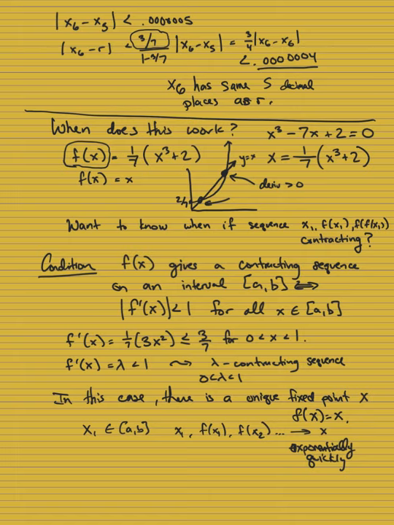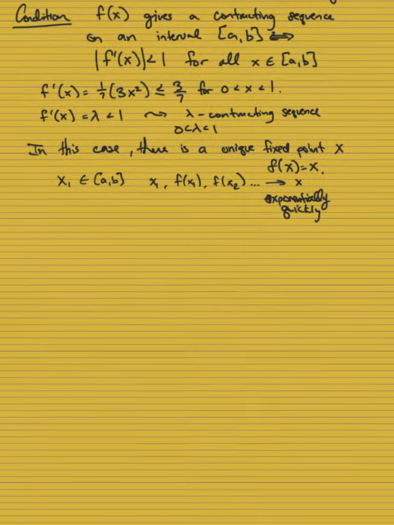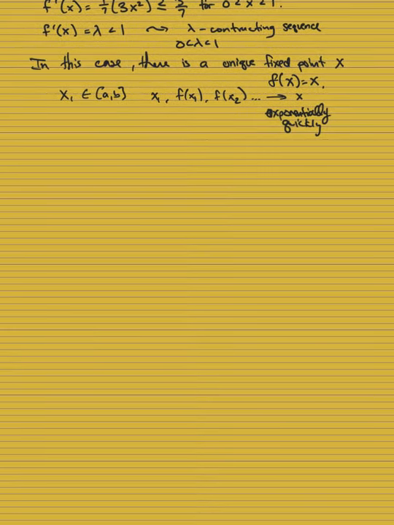So I thought I'll leave one more example as an exercise. We're going to approximate the square root of 3. I'll give you a function, f of x is a half times x plus 3 over x.